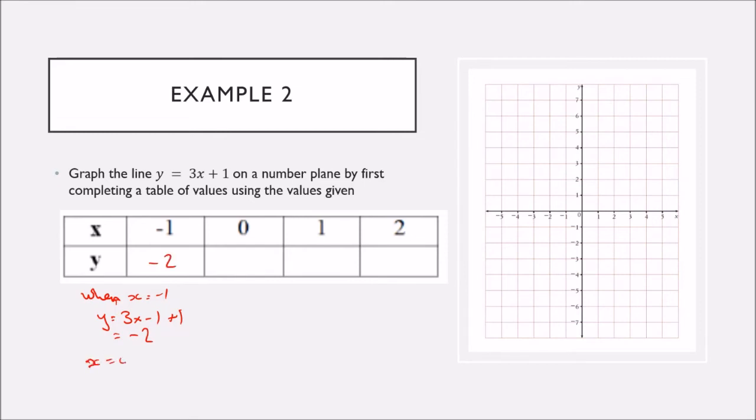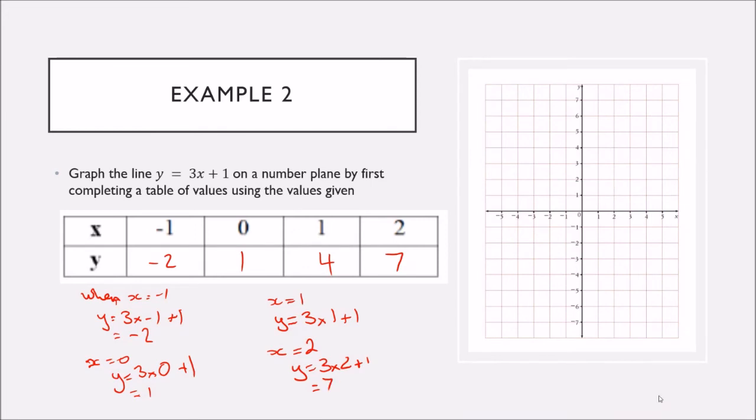When x equals 0, we're going to have y equals 3 times 0 plus 1. So we're just going to end up with 1. When x equals 1, we're going to have y equals 3 times 1 plus 1, which is going to give us 4. And when x equals 2, y equals 3 times 2 plus 1, which equals 7.